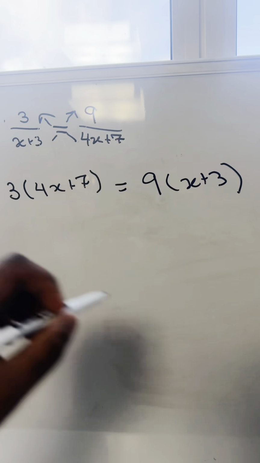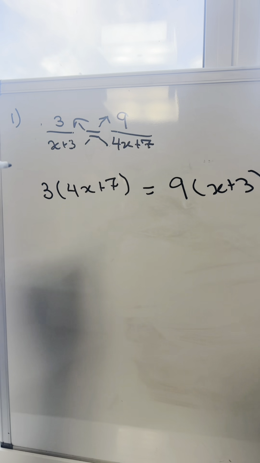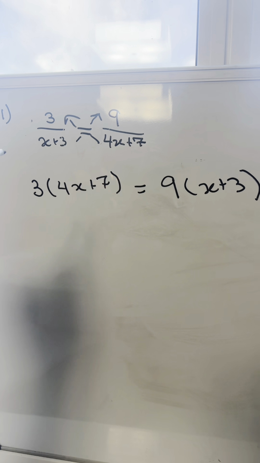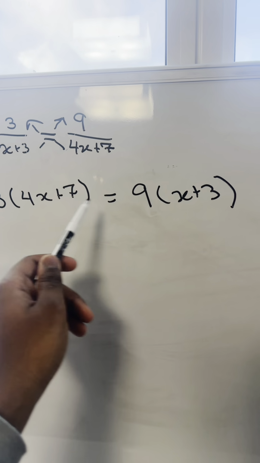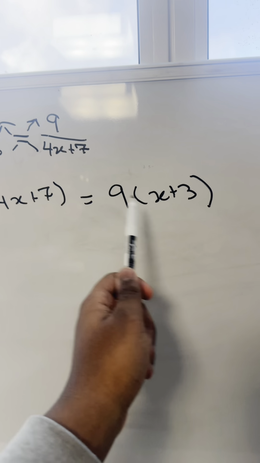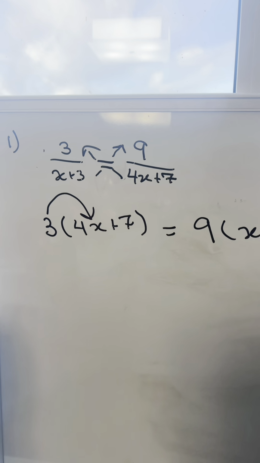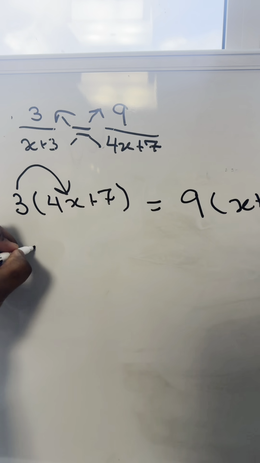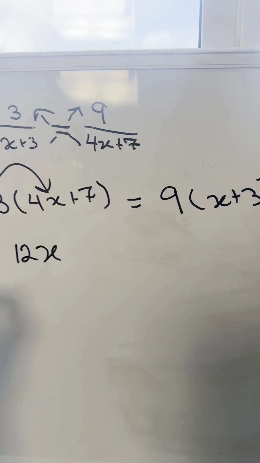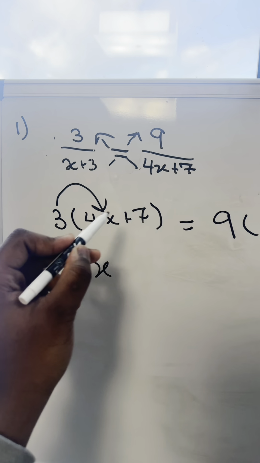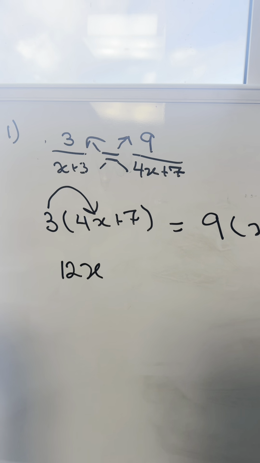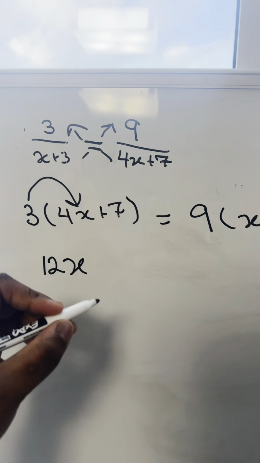Once we're at this step, we're going to distribute the 3 into the bracket, and then distribute this 9 into the bracket. 3 times 4x is 12x, and then 3 times 7 is 21.